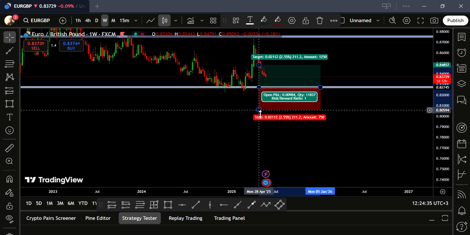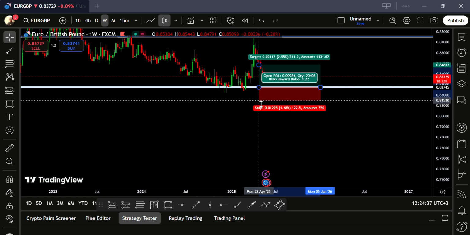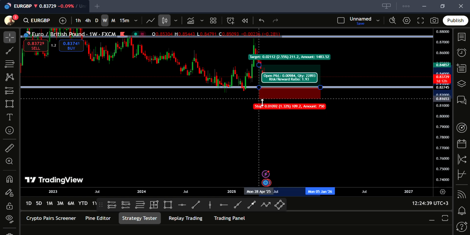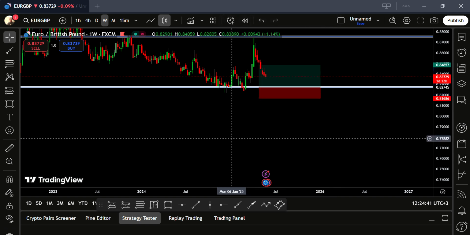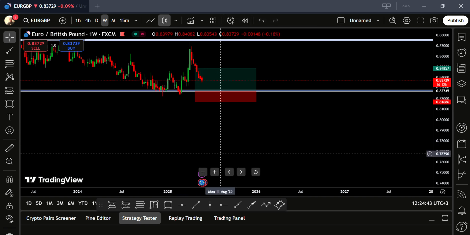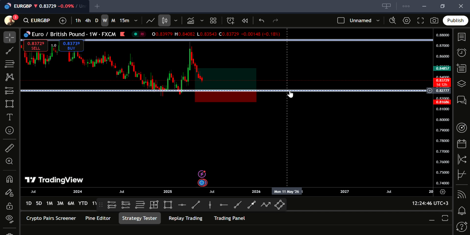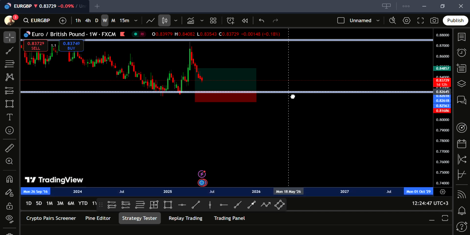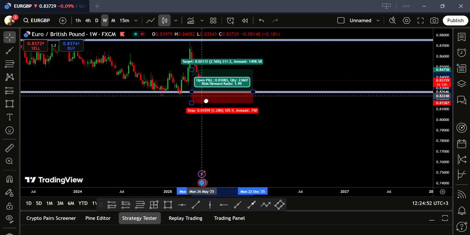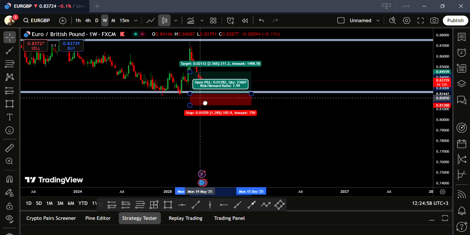Good, and put my stop losses 100 pips below. Good, so my stop losses will be there. My stops are going to be there because that is where the new price action is. So my stop losses have to be below the new price action, with a view that if price goes beyond that, then the trend has changed.